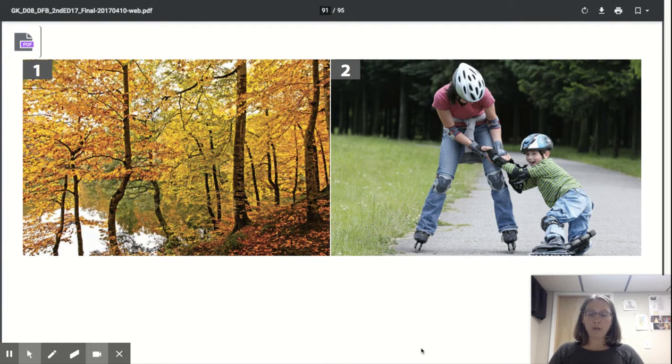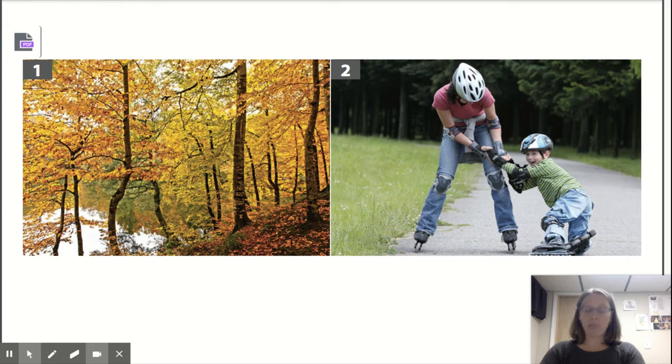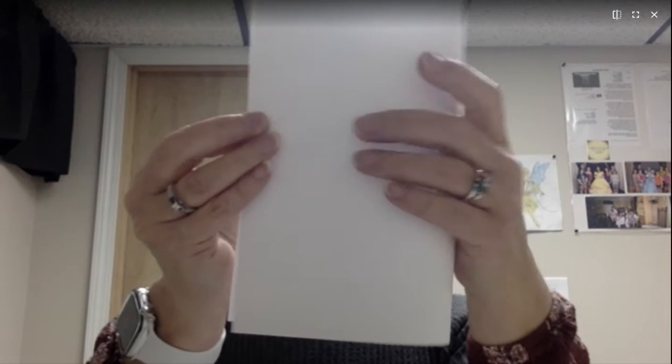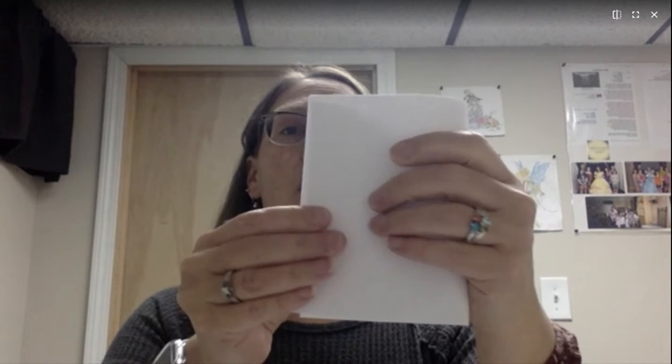Next, we are going to move into my 4 seasons drawing activity. For that drawing activity, I have a piece of paper. I'm going to fold my paper in half. Then I'm going to fold my paper in half again.